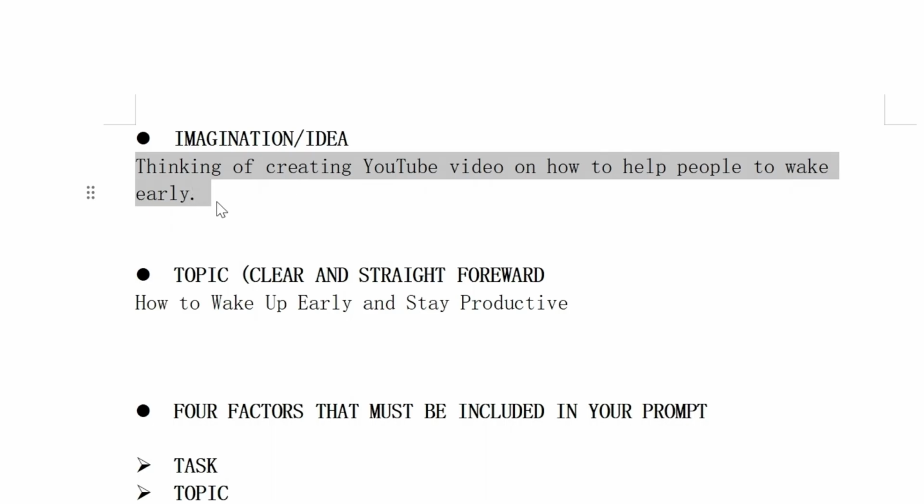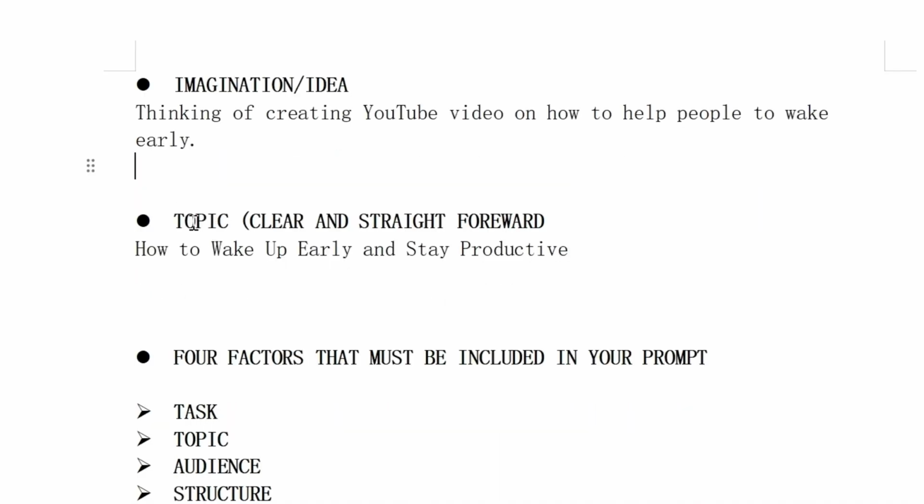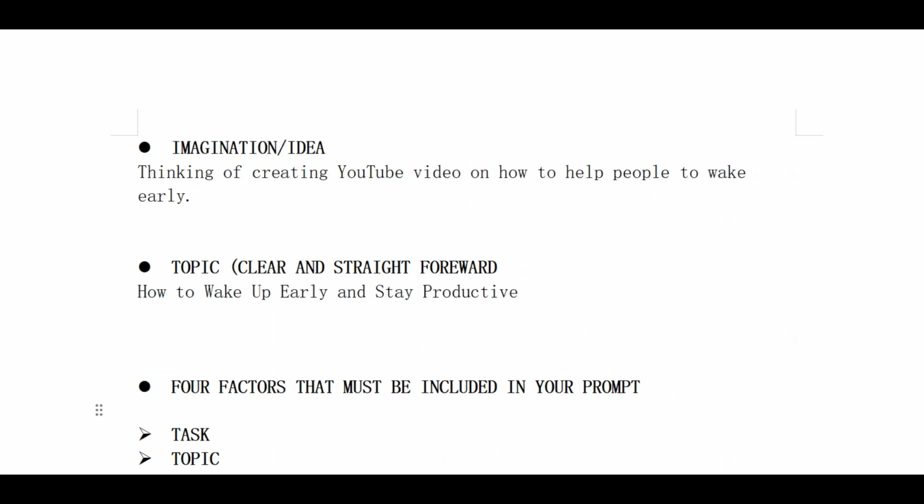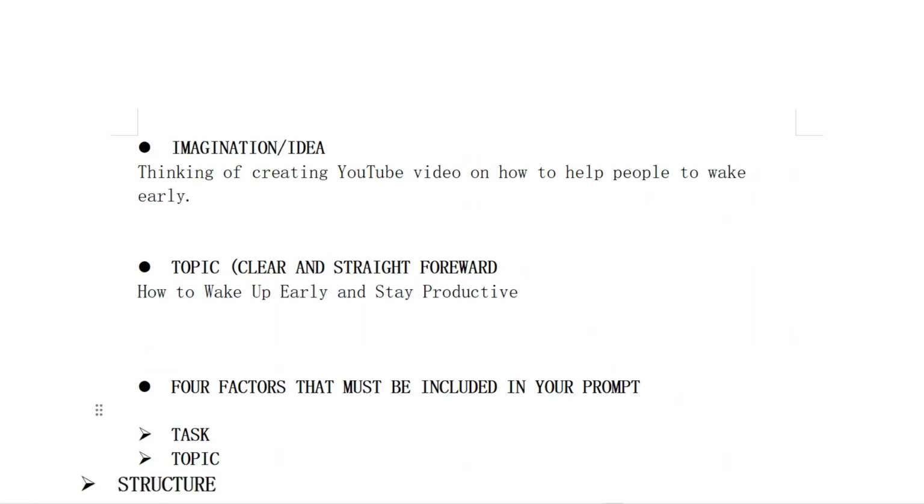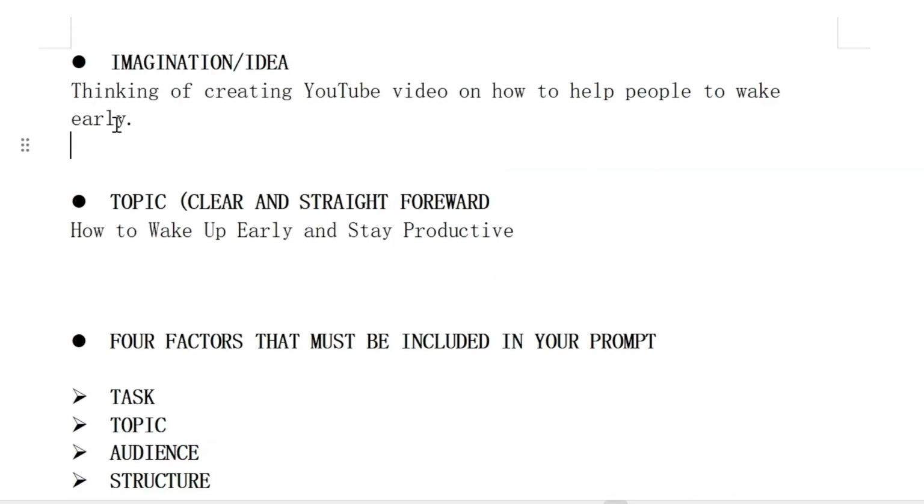So you have this idea and you are thinking of creating a script with this idea. The first thing you need to do is to come up with a topic. Now, from your ideas, you can derive a topic from it.